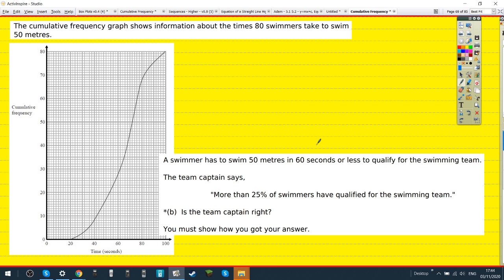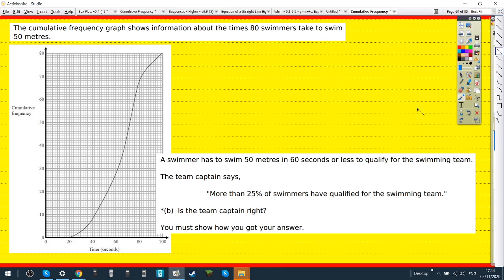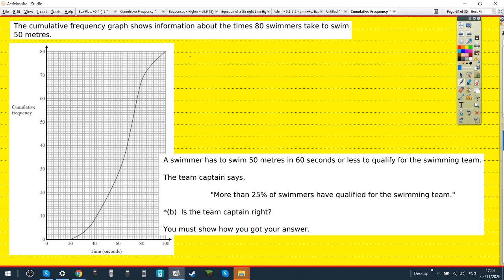So you have to do 25% of 80. Is this a calculator question? No. Okay. So 25%. To find 25%, just halve it twice.